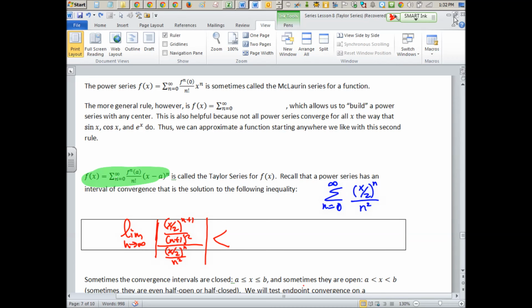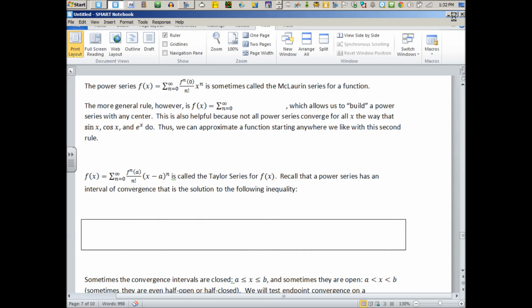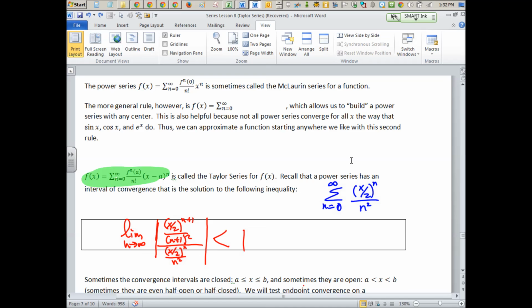You force it to be less than 1, and you solve for x. We've done this before. You set it less than 1, because for the ratio test, less than 1 means converge.